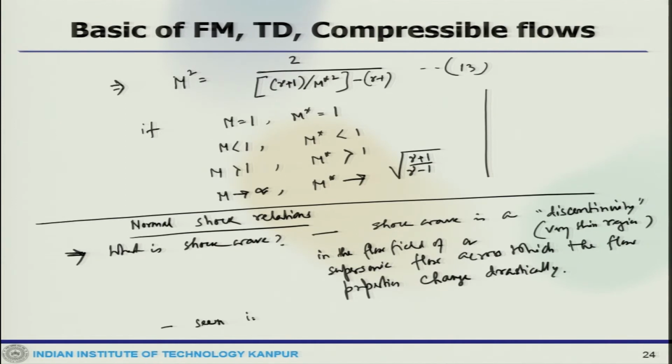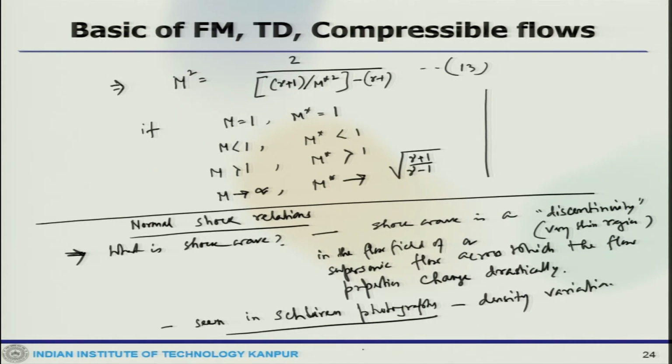Now, this can be seen or measured in Schlieren photographs or images because of density variation.